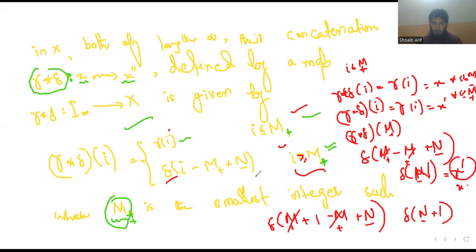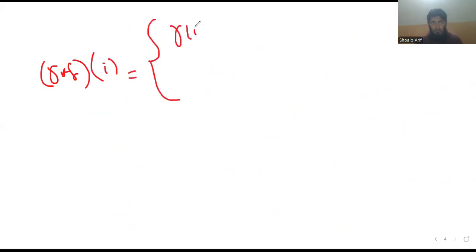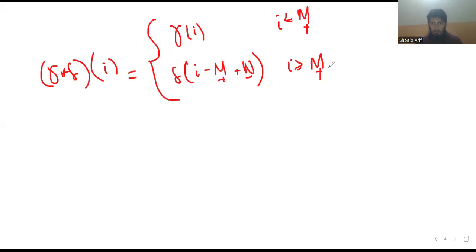Now, if we substitute in the equation, gamma of I if I is less than or equal to m plus, and sigma of I minus m plus plus n minus if I is greater than or equal to m plus.